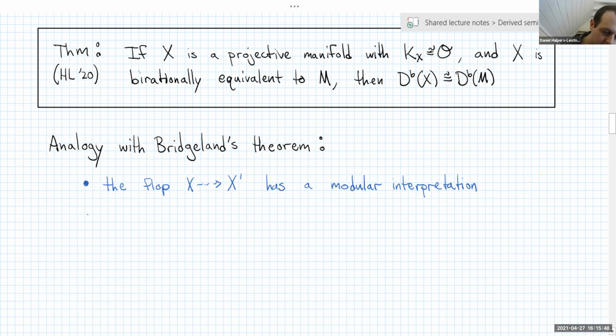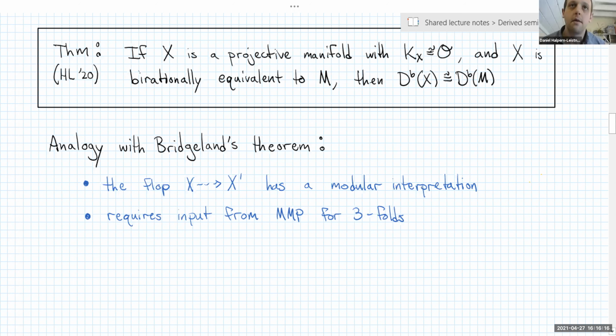The other piece is that the global version requires the MMP. Namely, he can construct a single flop as a variation of stability in some sense, although that's not actually how it's formulated.